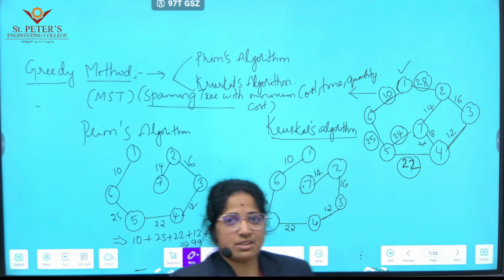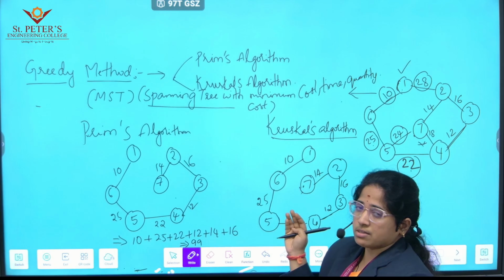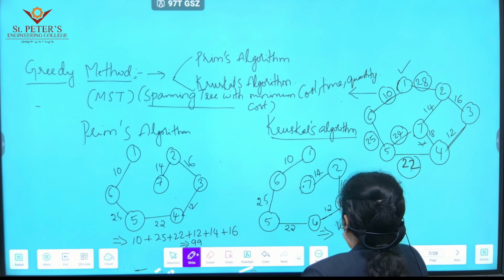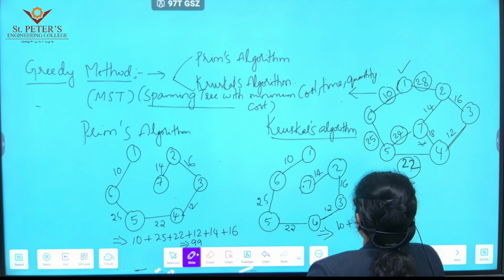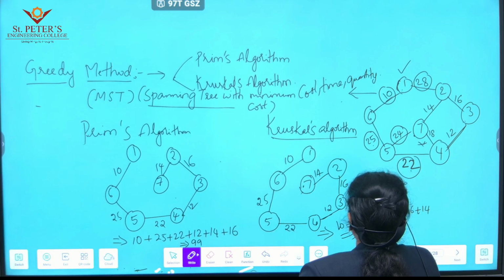Now the final point is, when we compare Prims and Kruskals, first we will calculate the cost. 10, 25, 22, 12, 16 and 14. What is the cost?